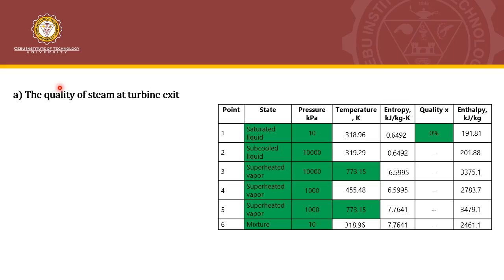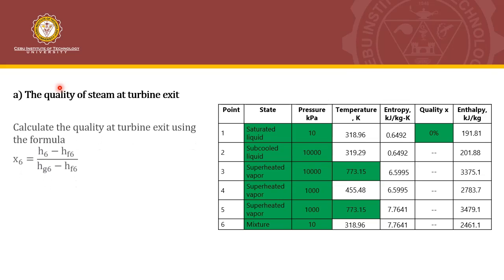So it means at point 6, because if you go back to our TS and schematic diagram, point 6 is the outlet or the exit point of the turbine. That is why we will get the quality at point 6.